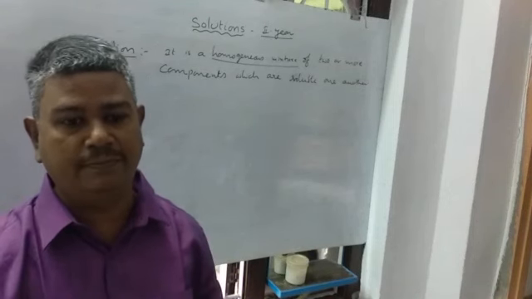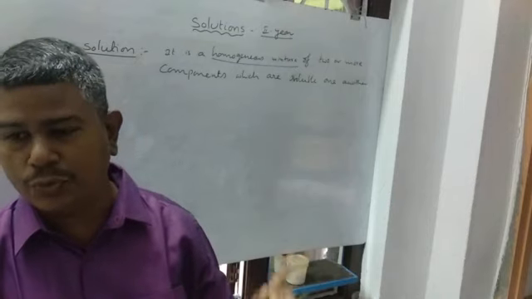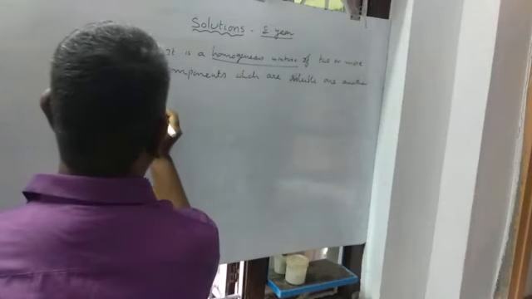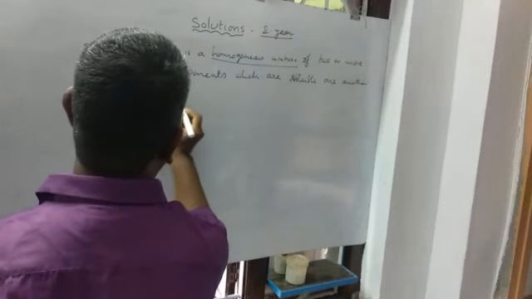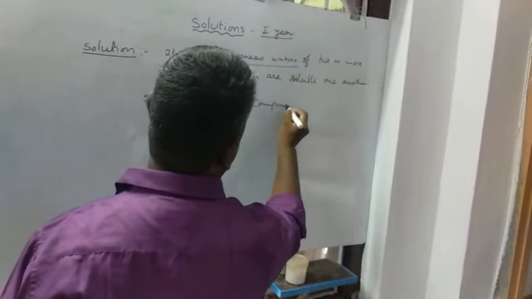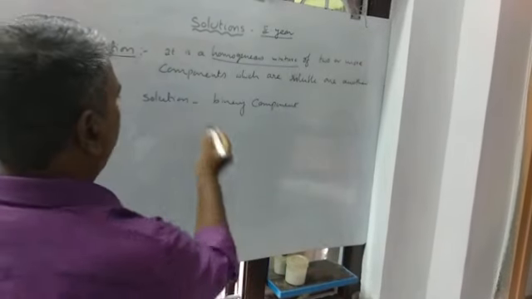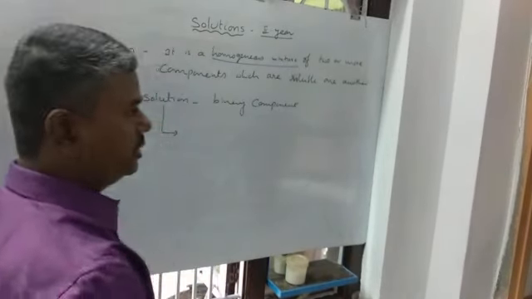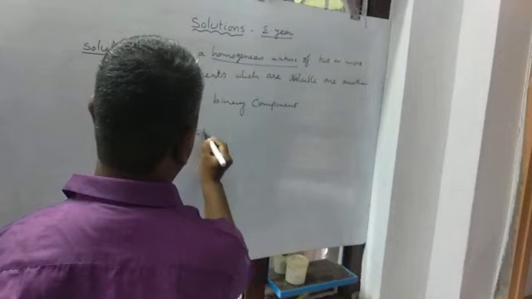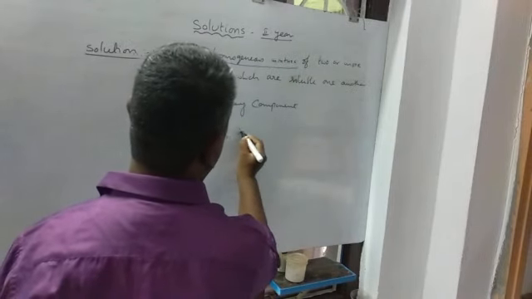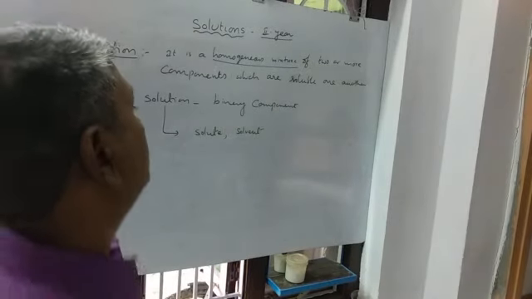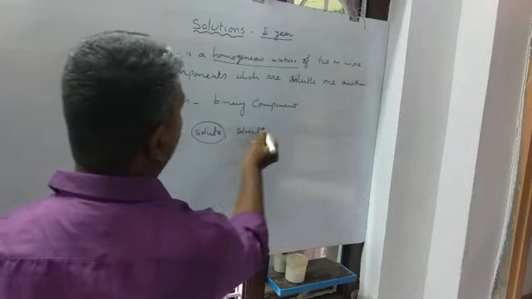So a solution is a binary component system, mainly consisting of two components: one is a solute and another one is a solvent. So what is the solute and what is the solvent?